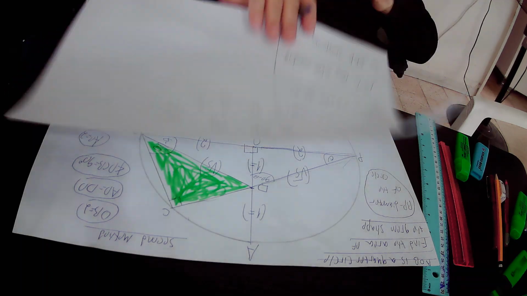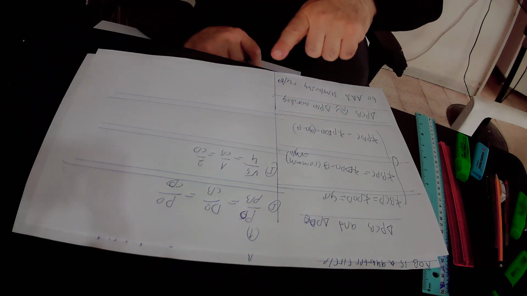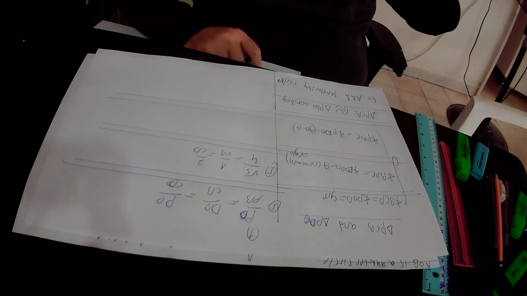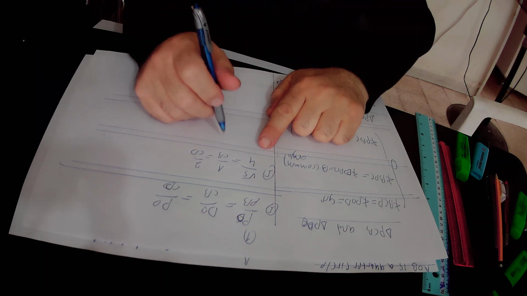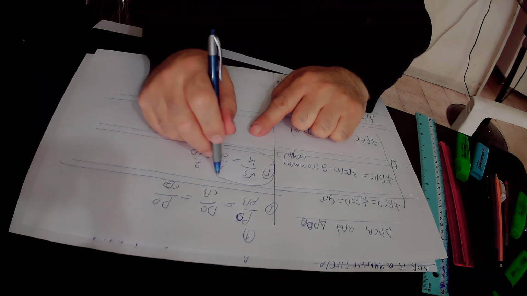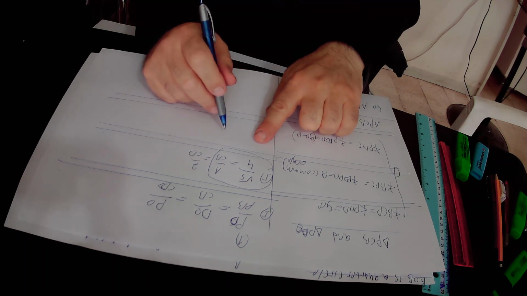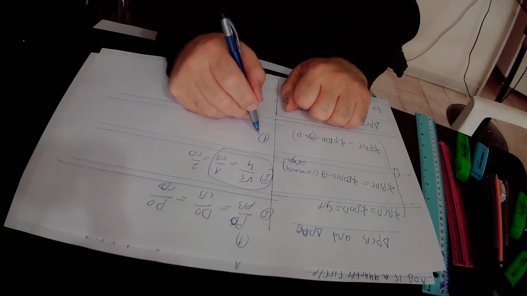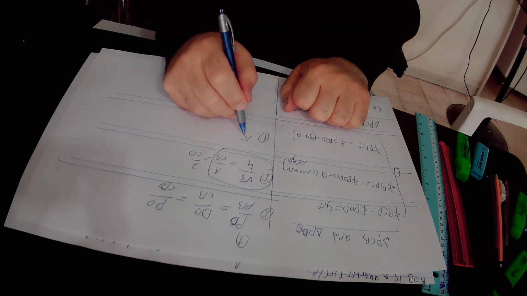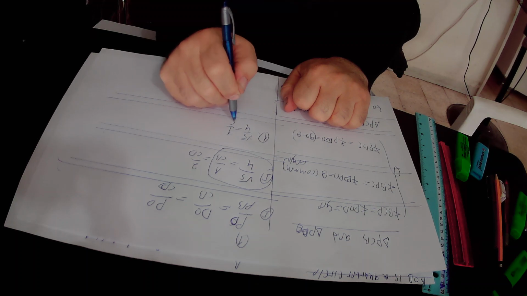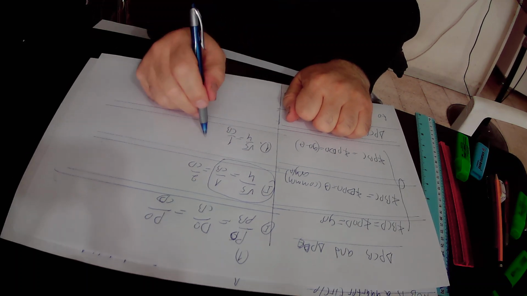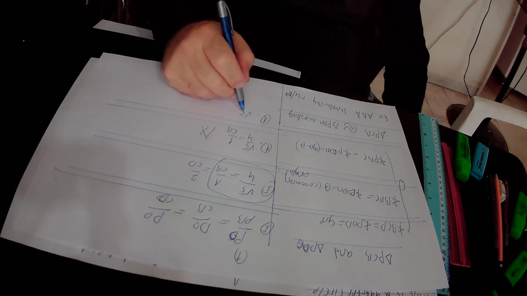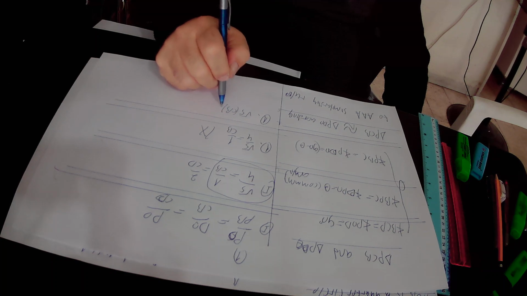So we found that according to equation 1, square root of 5 over 4 equals 1 over CB equals 2 over CD. Those two expressions are equal to each other, so we get equation 1: square root of 5 over 4 equals 1 over CB. Here we cross multiply and get square root of 5 times CB equals 4.